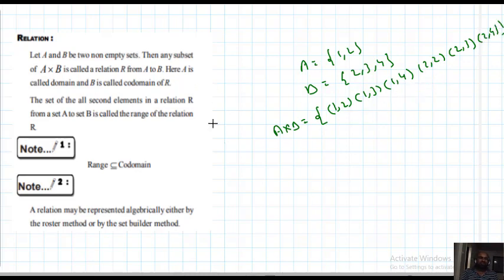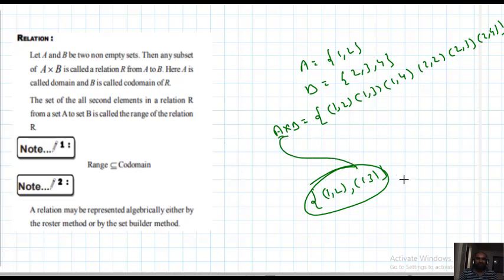The definition says that every set of ordered pairs is a relation. For example, a set of ordered pairs is taken, (1, 2), (1, 3). These ordered pairs are taken from a Cartesian product only. We can't take ordered pairs directly; they should be from a Cartesian product only.